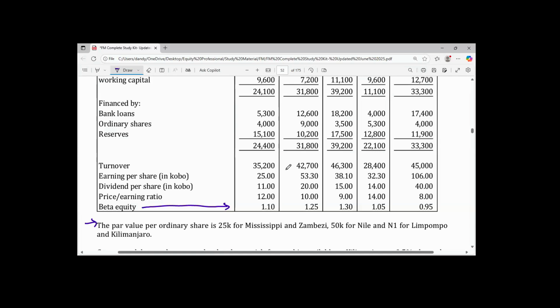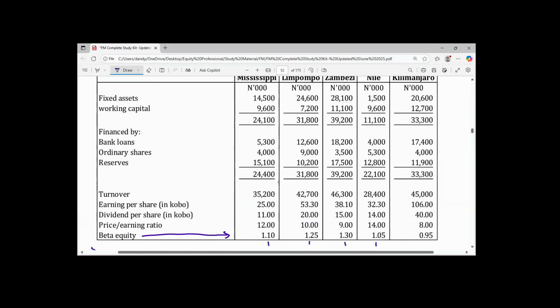Step 2 says you should ungear the beta if it is geared. Of course, these equity betas of 1.1, 1.25, 1.3, 1.05 will be geared if the 4 proxy companies have debt in their capital structure. You can see that you are given bank loan.